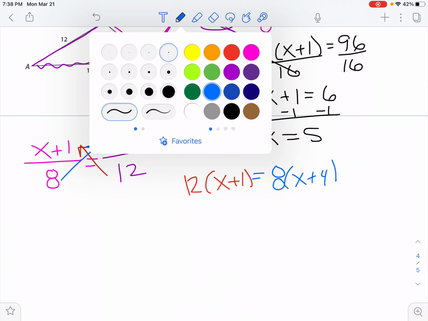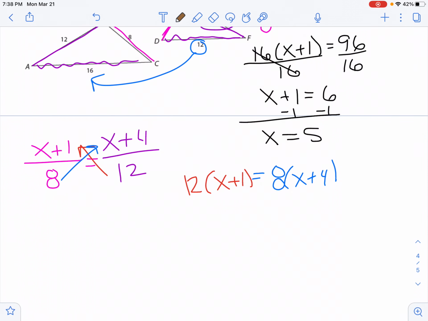And then this time it's not going to work to divide because we have two numbers in the front. So we're going to distribute. 12x plus 12 equals 8x plus 8 times 4 is 32.